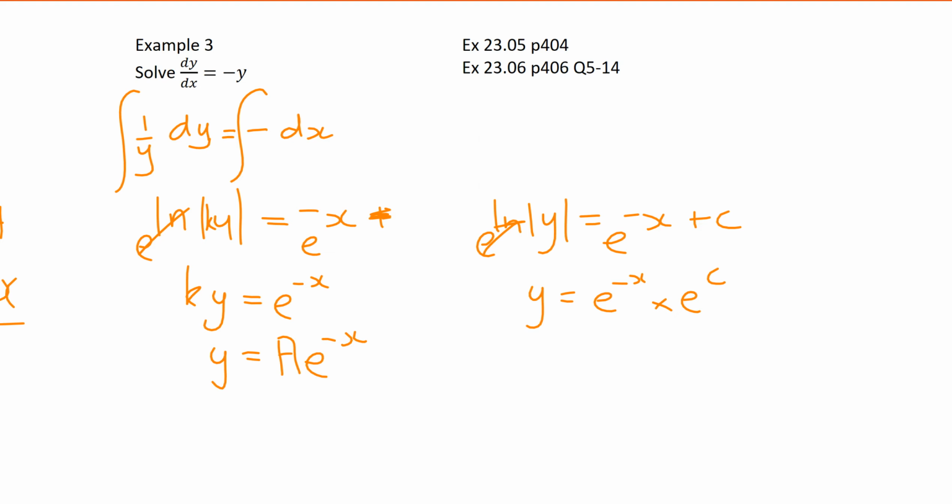You guys all know that x squared times x cubed gives you x to the power of 5. E to the power of negative x times e to the power of c, you're just going to add those powers up. And again, that's just a constant, hence why I can chuck that a in there, which is the same as my left hand side.